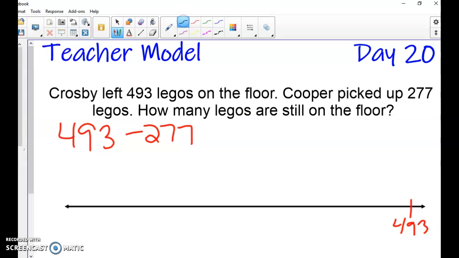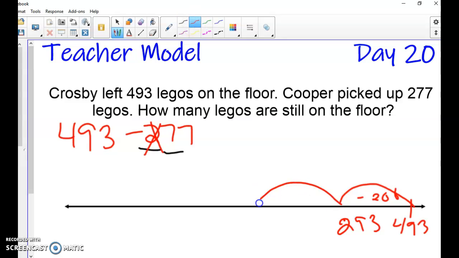Okay, so 493 minus 200. I'm only going to change my hundreds place. So 493 minus 200 is 293. My tens and ones did not change. Now I'm going to take away 7 tens. And 7 tens is equal to 70.